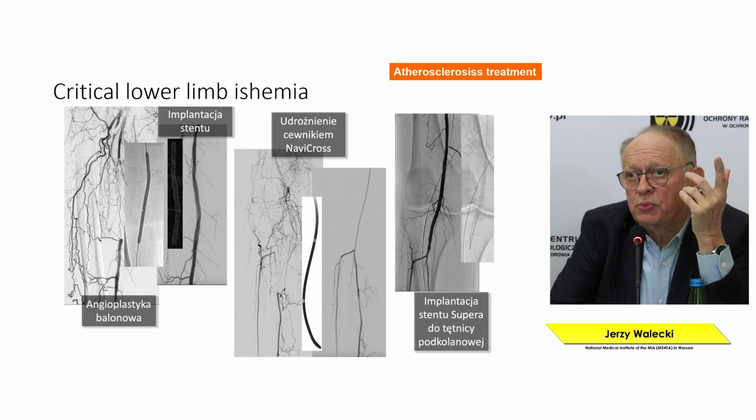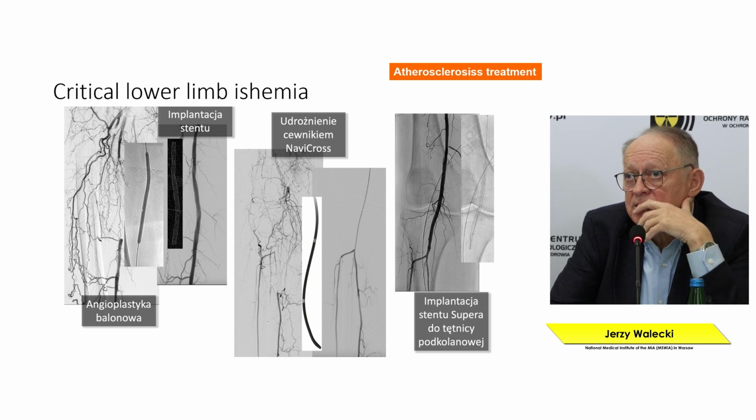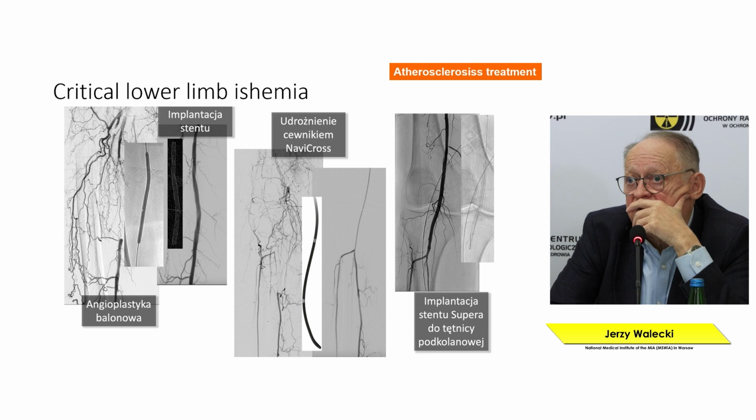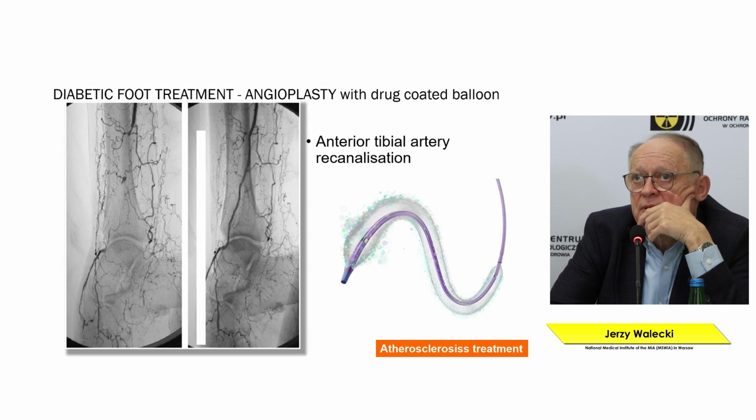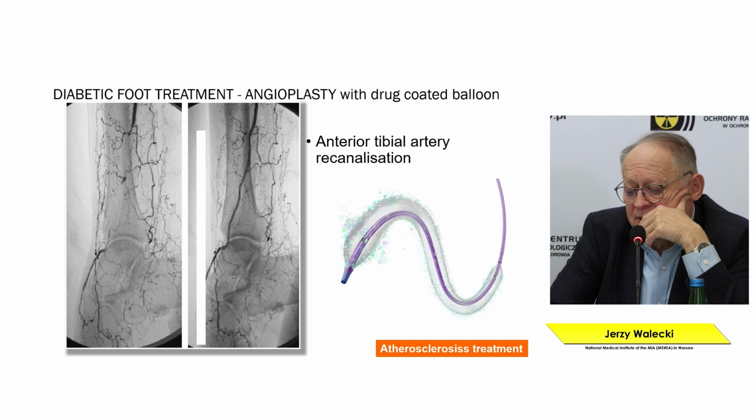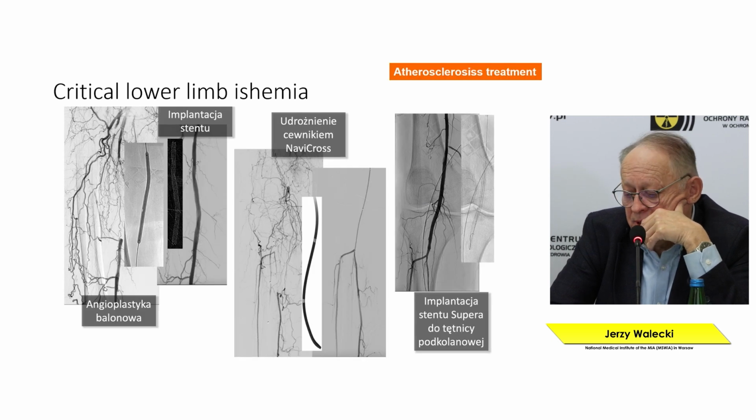First you have to have the balloon angioplasty, so you need to introduce the stent to make the vessel patent. Therapeutic effect is achieved. A very important group of therapies.